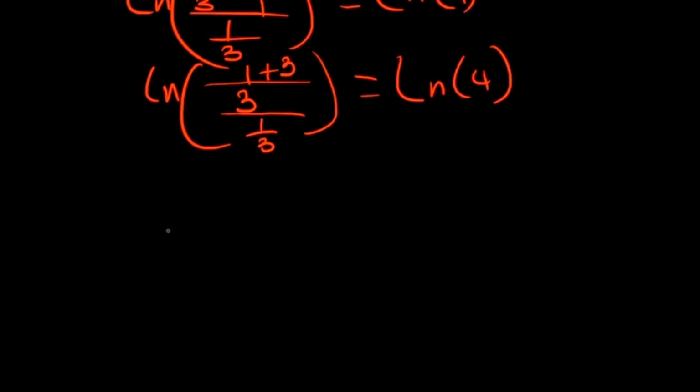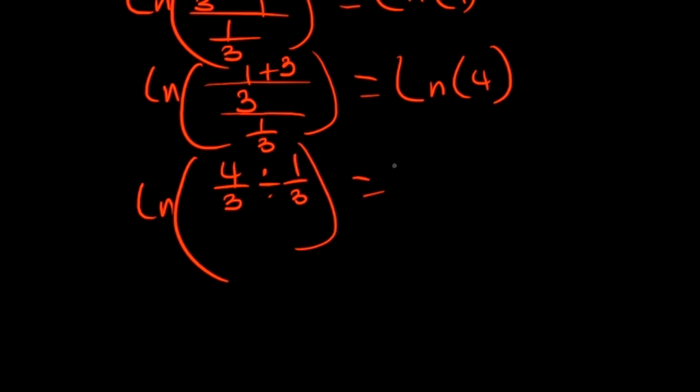Now, I will simplify the numerator. So here we have ln, open our bracket, 1 plus 3 on top will give you a 4 all over 3. And then I'm going to remove this 1 over 3 from the denominator. Since they are dividing, we now have divided by 1 over 3, is equal to ln 4.